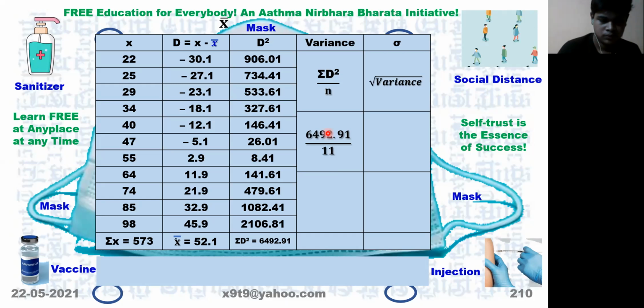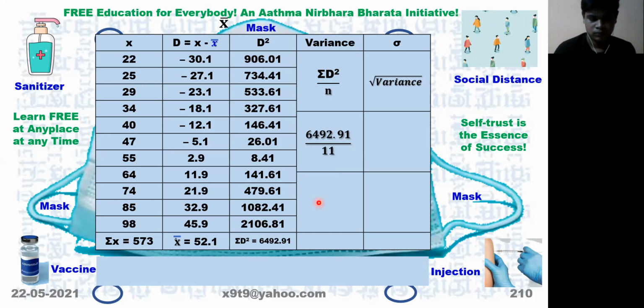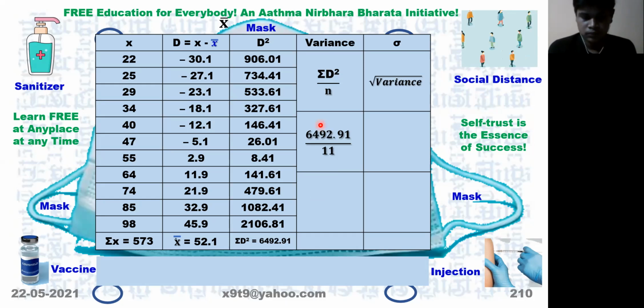Because the space is available. Otherwise, you can put the answer directly. But some steps you should show. So it's better to write it and write the answer, so that if you are not happy, you can check what you have entered here. Because there may be a mistake in entering the data, either a decimal point missing or one of the digits missing. Okay, sir.